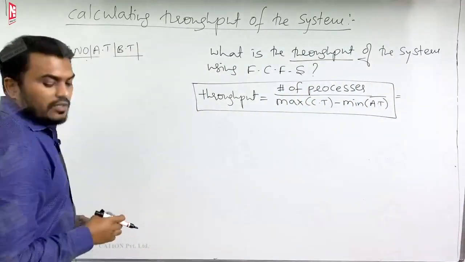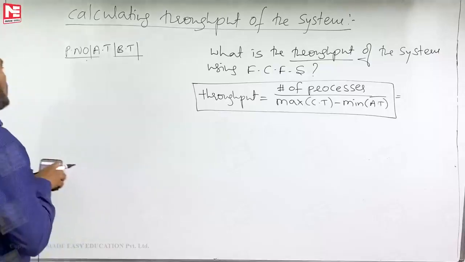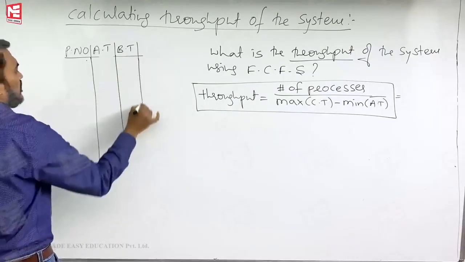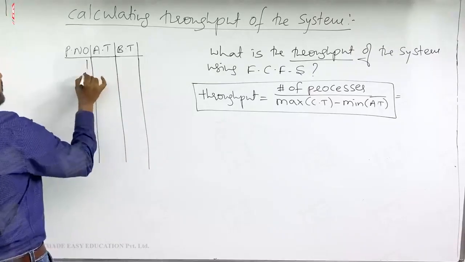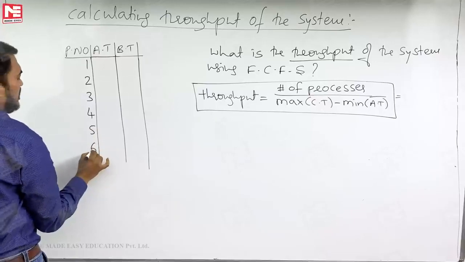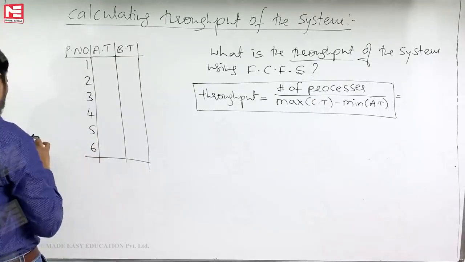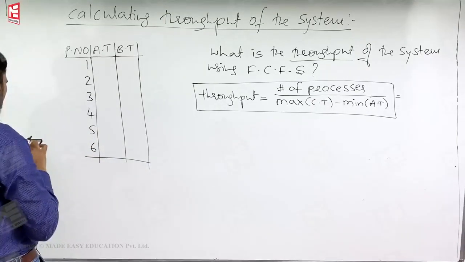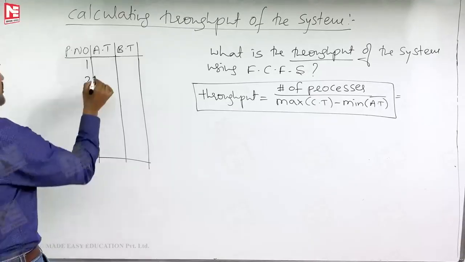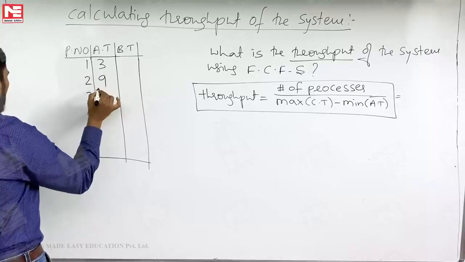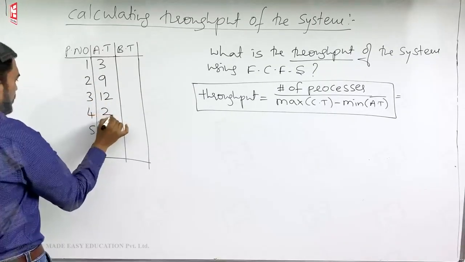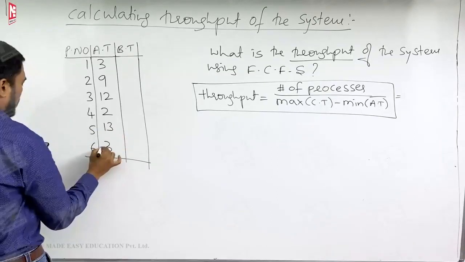Please note down the next question. Process number 1, 2, 3, 4, 5, 6. This is 3, 9, 12, 2, 13, 3.